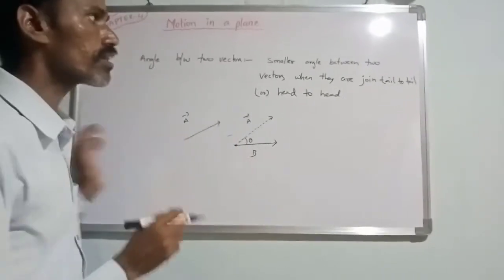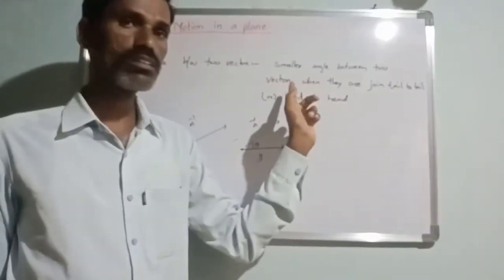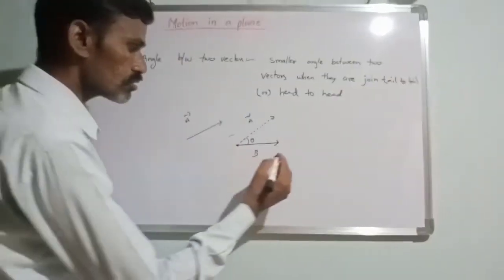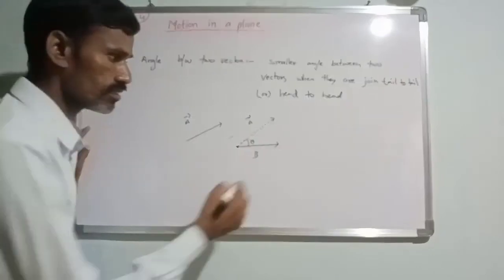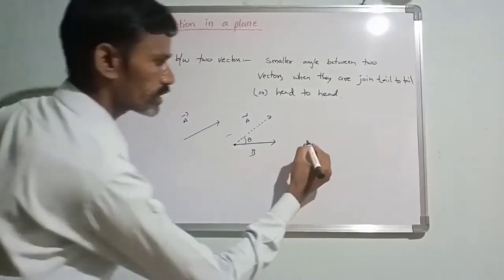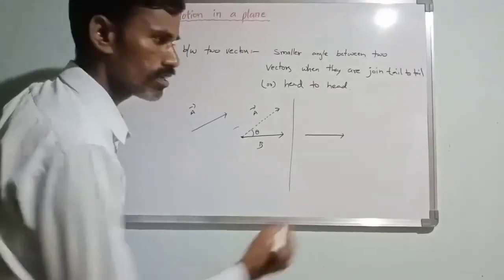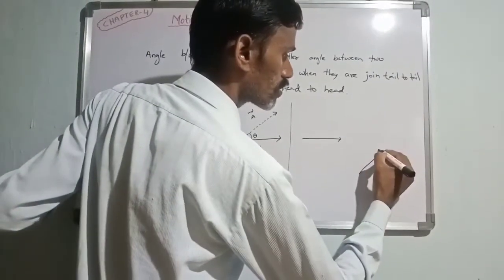The smaller angle between two vectors when they are joined tail to tail or head to head. Suppose they are in the same sense. This is one vector and this is another vector.